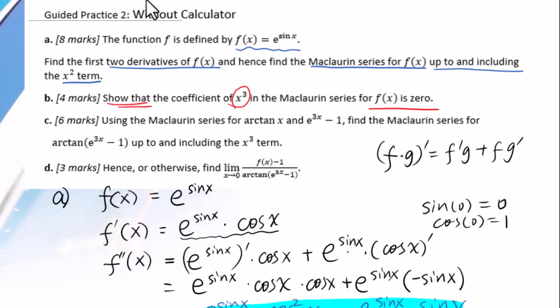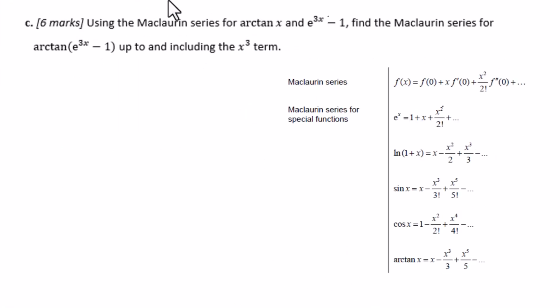Let's go to C. Using the Maclaurin series for arctangent x and e to the 3x power minus 1, find the Maclaurin series for arctangent of e to the 3x power minus 1 up to and including the x to the third power term. In the formula chart, we are given arctangent x equals this.